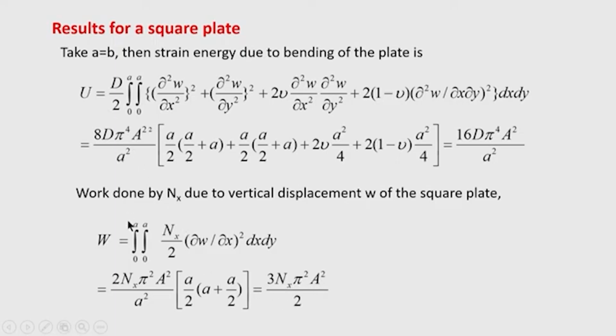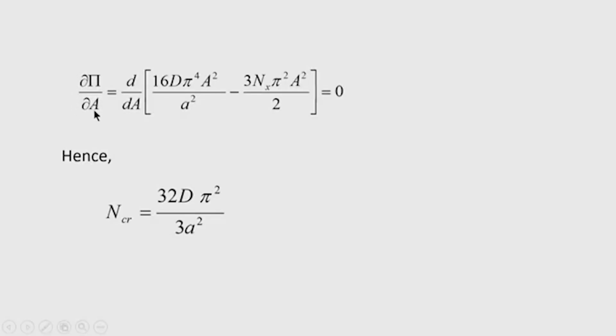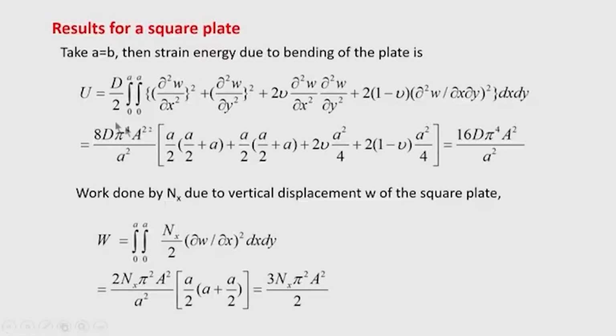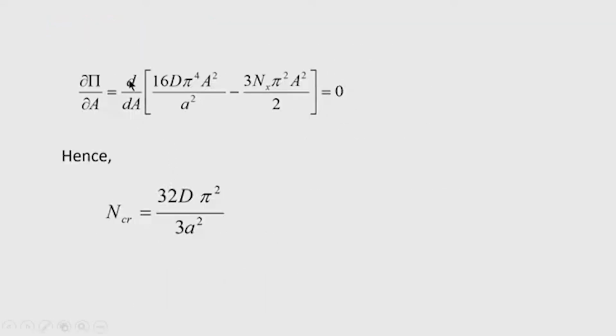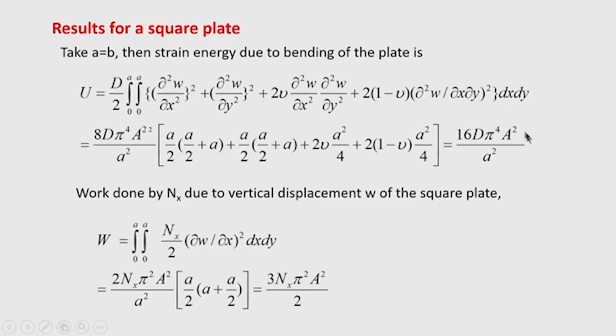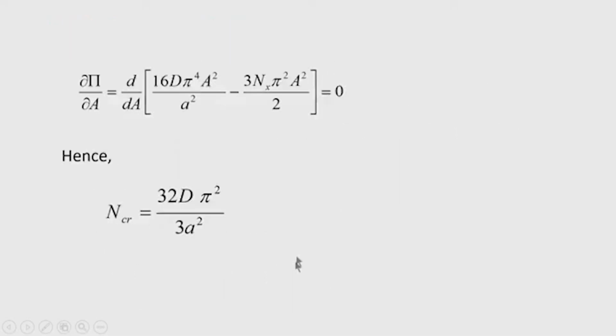So, two components of the total potential we have calculated. Now, we can form the total potential: pi, the total potential, equal to U minus W. When you form the total potential, then apply the Rayleigh-Ritz method, del pi by del A. Since the strain energy and the work done due to membrane force contain only one unknown variable, A, we can write simply an ordinary differential coefficient d by dA, and inside this we write the strain energy expression that we have found minus this work done.